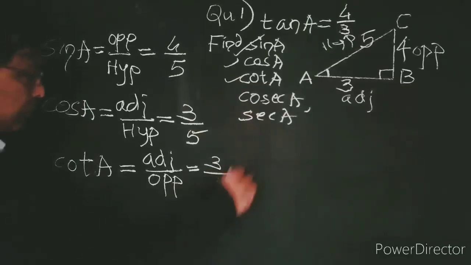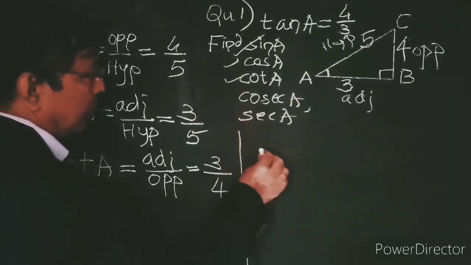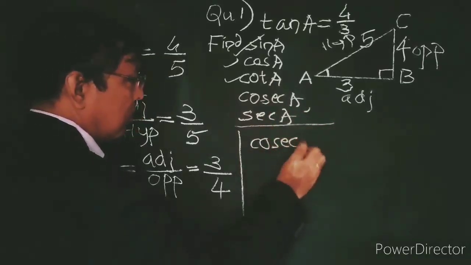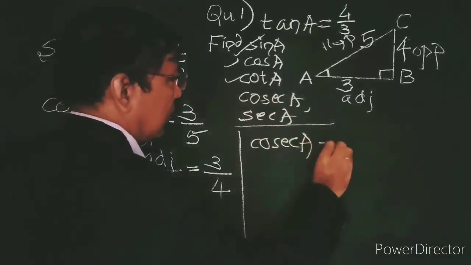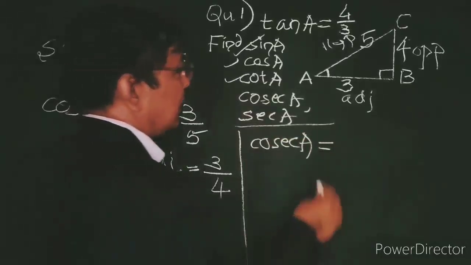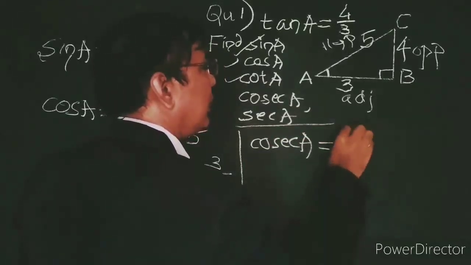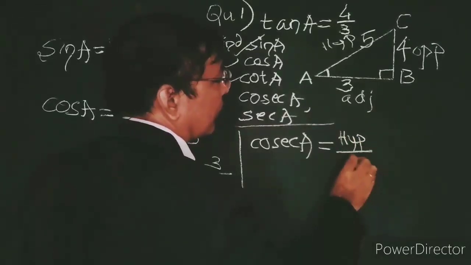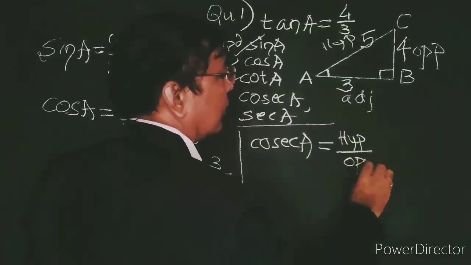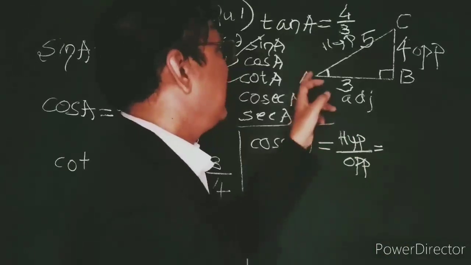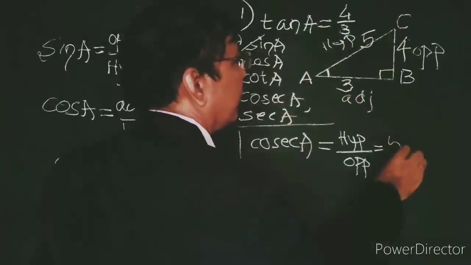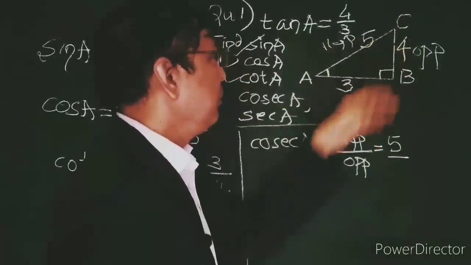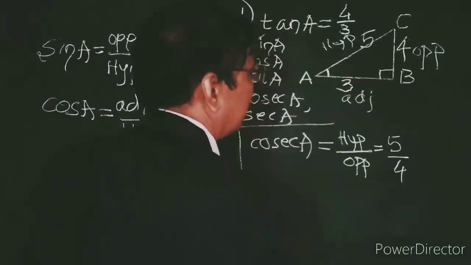Now cosec A. Cosec is nothing but hypotenuse upon opposite. Hypotenuse is AC, that is 5. Opposite is BC, that is 4.